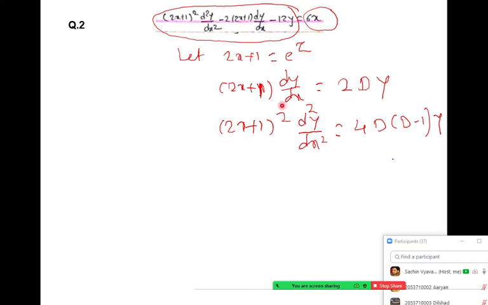You should know that here this is the substitution, and when ax plus b dy by dx is there, it is a dy, and where ax plus b bracket square d2y by dx square, it is a square into d into d minus 1. Some students forget to write these values of a square, and obviously that capital D operator now becomes d by dz.